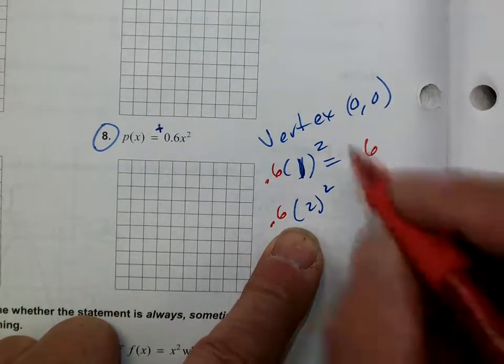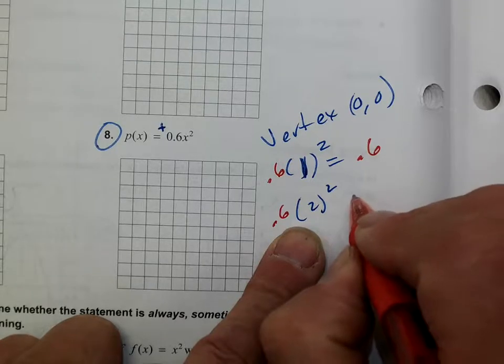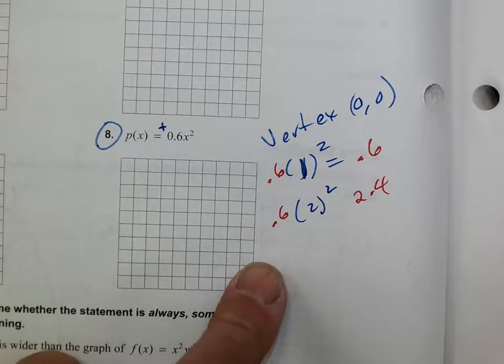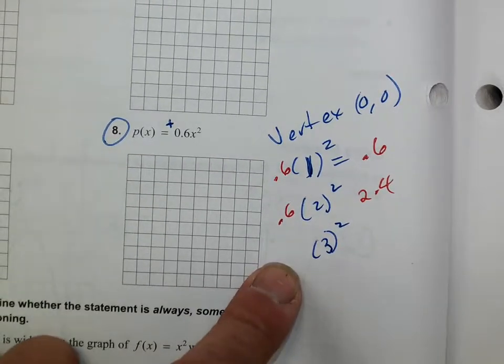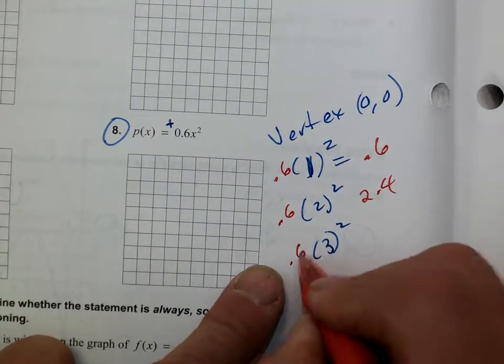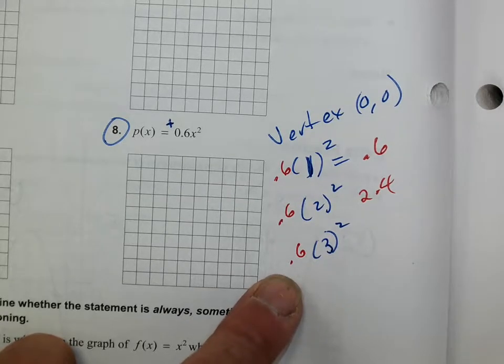You okay with 2.4? Then 3 squared is 9 times 0.6 is what? 9 times 6, how about 5.4? You okay with 5.4?